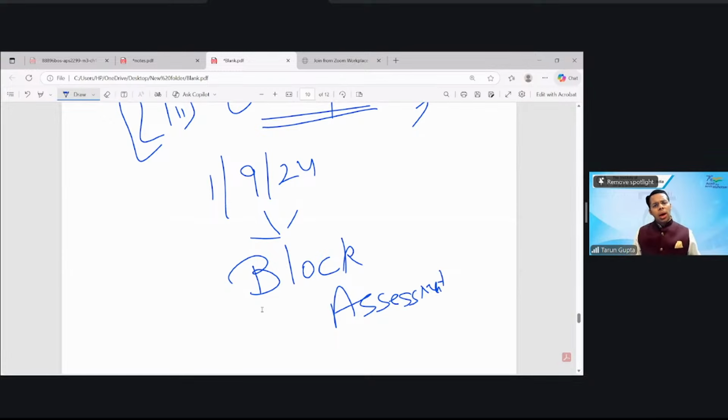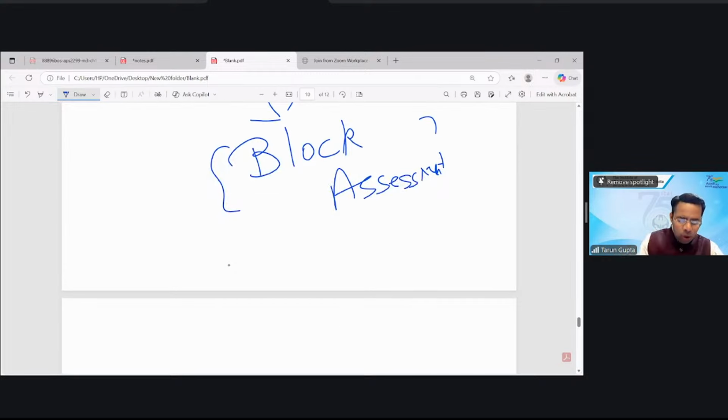Block assessment means an assessment of a block of years, multiple years, happening in one go, a lump sum assessment. So when a search has happened, in all the above three cases, a block assessment happens. The assessment for multiple years happens at a time. It's not that for every year there is a separate assessment. One assessment happens for multiple years.